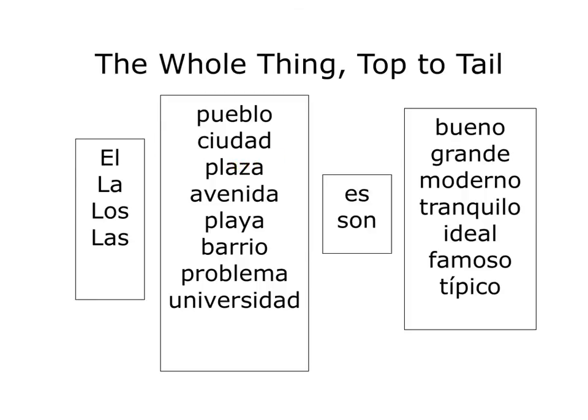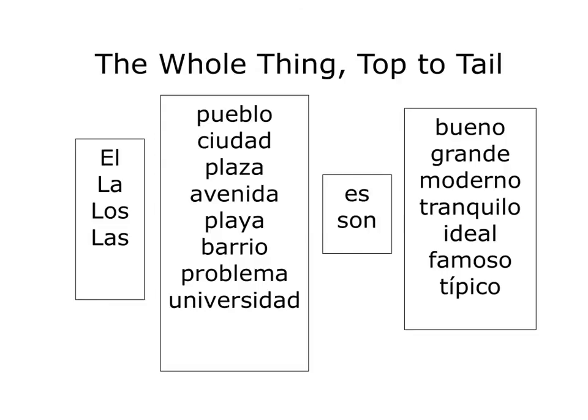Plaza's feminine, so we'll start over here. Which do we pick? La plaza. Is or are? Es. What do we have to do to the end of tranquilo? Tranquila. La plaza es tranquila.